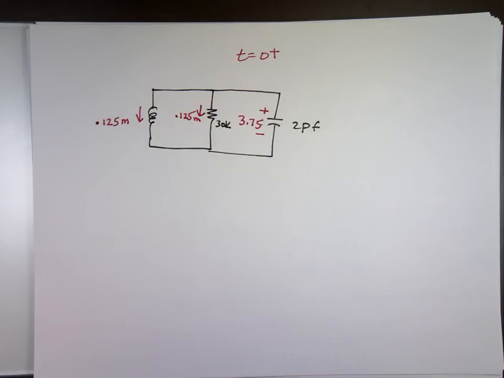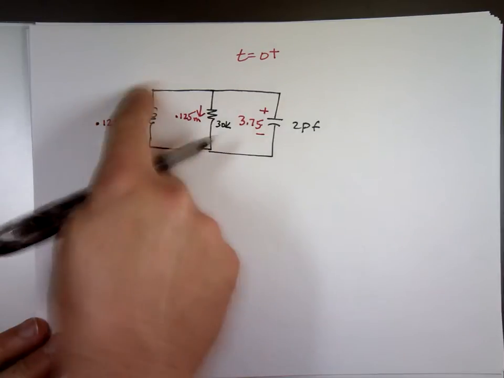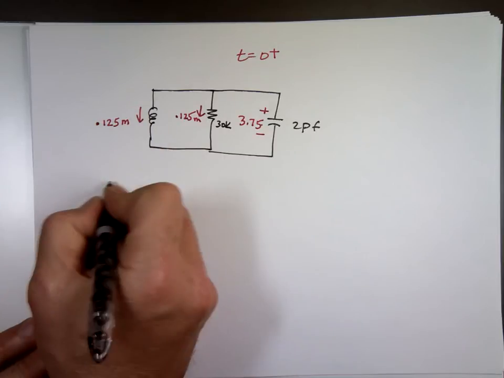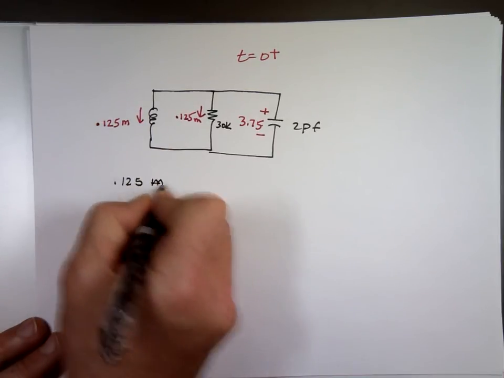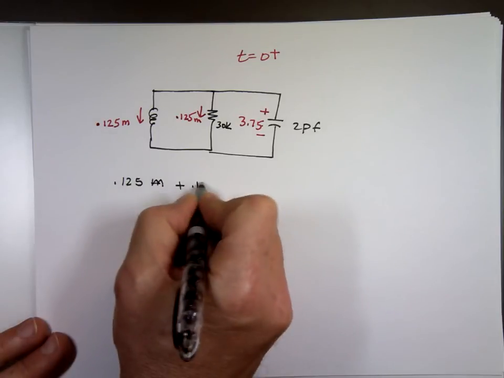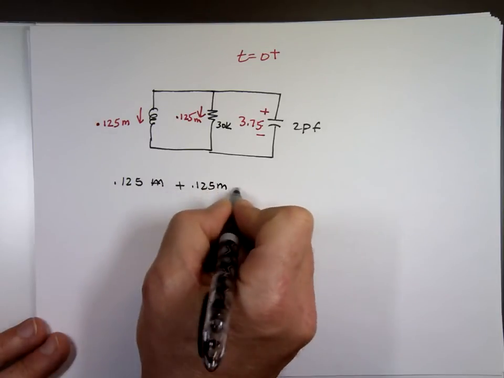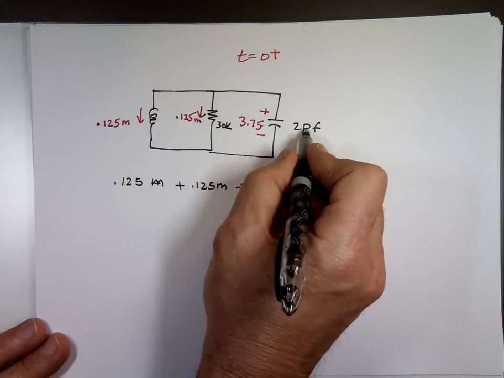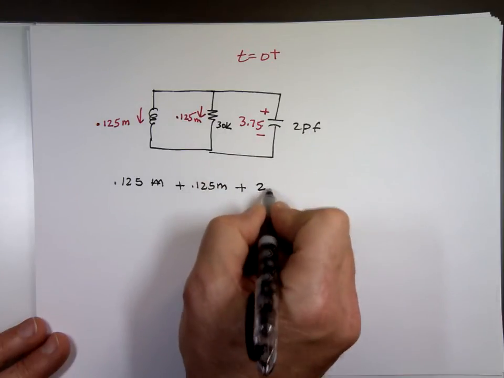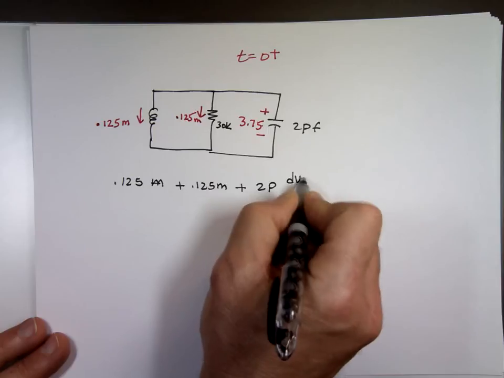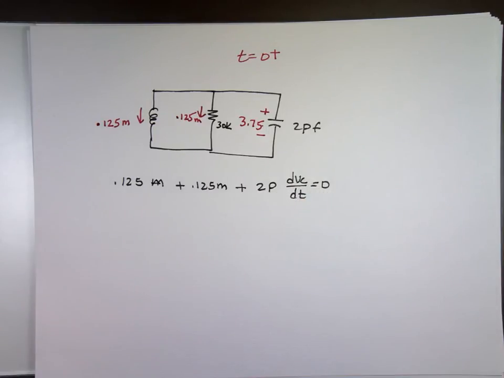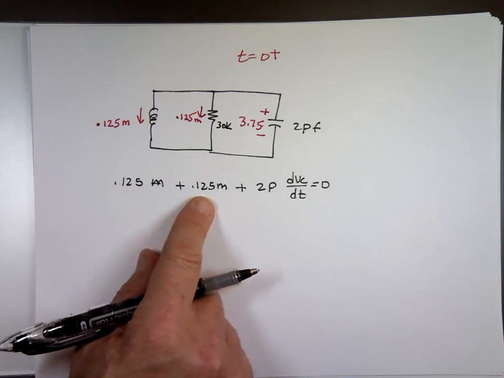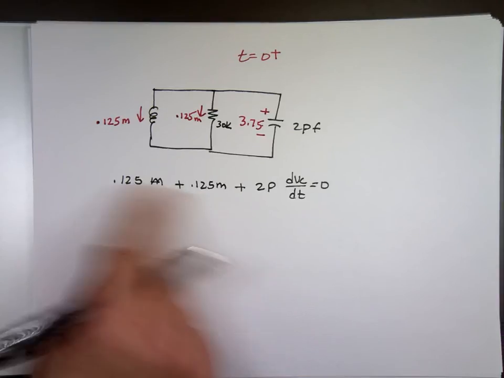At that time, KCL at this node: I sub L, 0.125 milli, plus I sub R, 0.125 milli, plus I equals C dVc dt. C is 2 pico, the derivative of that. 0.125 plus 0.125 is 0.25. Move it to that side, negative.